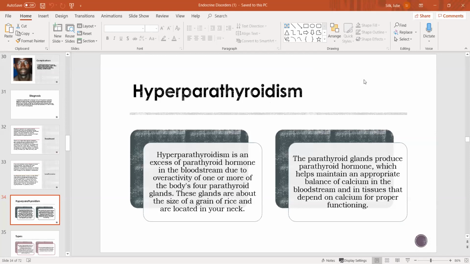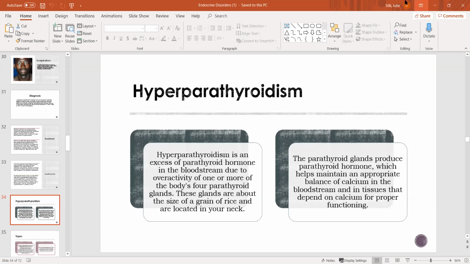Okay. All right, so the rest of this, we've got hyper and hypoparathyroidism we need to talk about. With hyperparathyroidism, our parathyroid glands, we have 4 of those, and they're very tiny, and they're located right next to our thyroid gland.